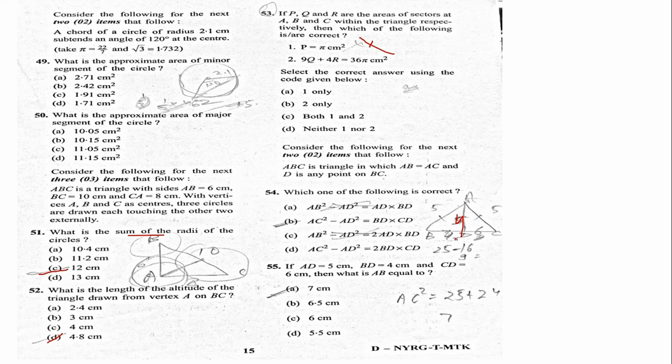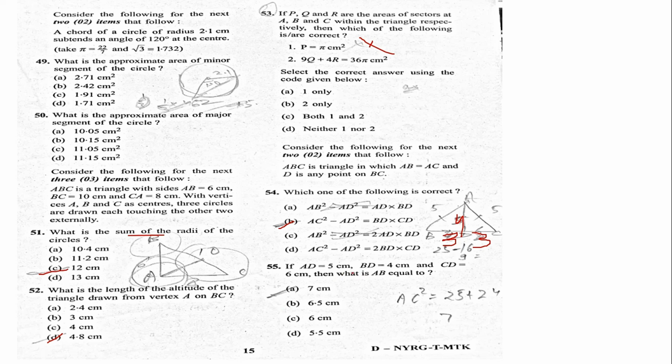I take AD as 4, then it will be 3, because BD and DC will be divided in the same ratio. So AC square minus AD square, 25 minus 16, comes out to be 9, and BD is 3 and CD is also 3, so 3 into 3 is 9. We see that AC square minus AD square comes out to be BD into DC. So this is the right answer.